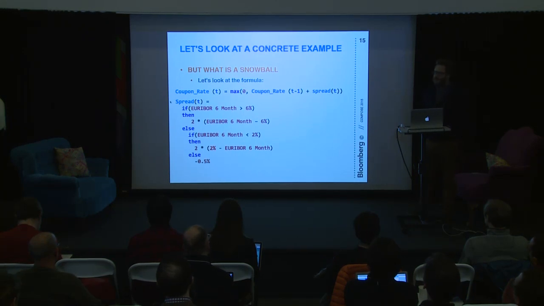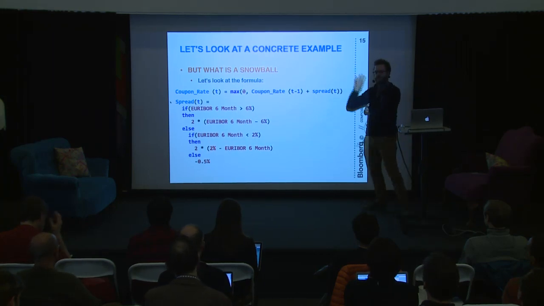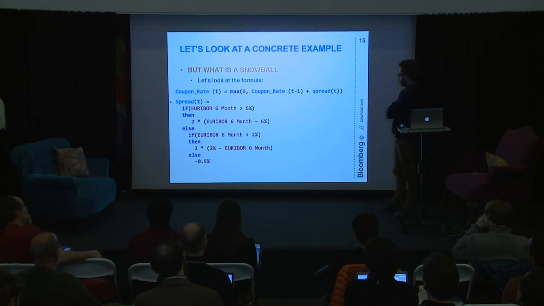Okay, so this is what they actually agreed on a piece of paper. This is the financial contract they agreed on. They say the coupon rate is going to be the max of 0 and the coupon rate from the previous period plus a spread. All right, so what is the spread?